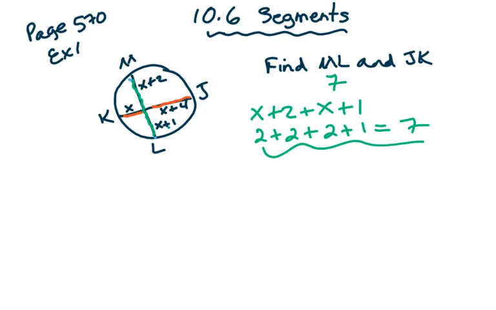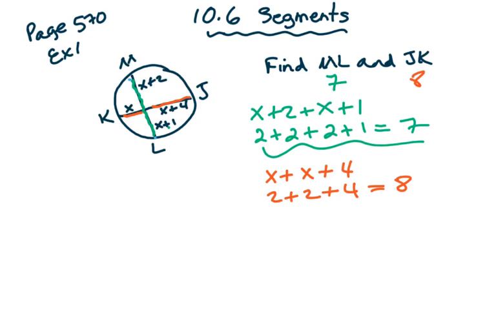All right, now let's do the red one. x plus x plus 4. So it's going to be 2 plus 2 plus 4, and that's going to equal 8. So JK is 8. Now, you see, you can't think that they're the same length just because we multiplied them.